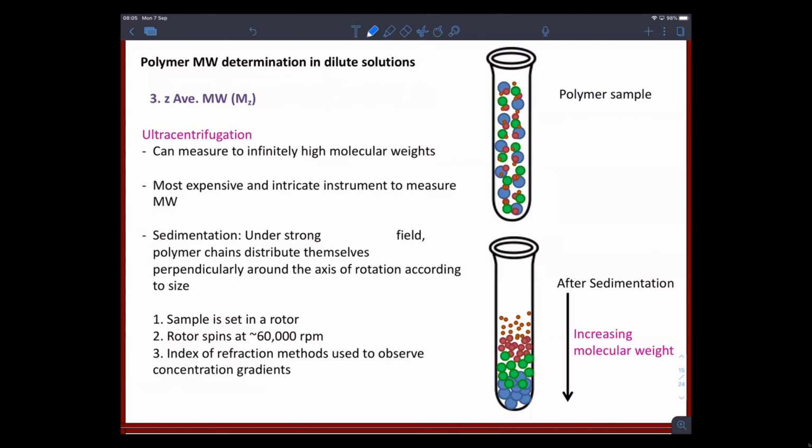What happens is sedimentation occurs under a strong centrifugal field, and the polymer chains distribute themselves perpendicularly around the axis of rotation according to size. Everyone knows how a centrifuge works. Interestingly, it's called MZ because Z is from the German word for centrifuge, so that's why I believe it's called MZ.